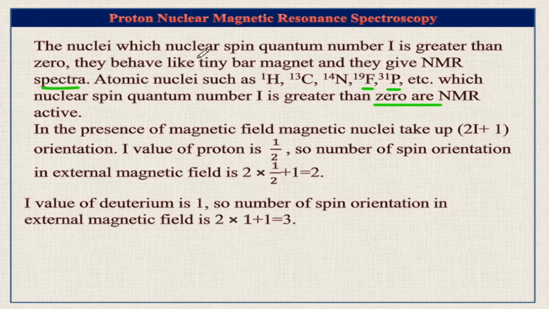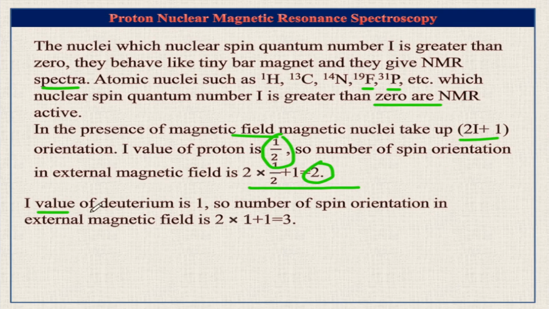When these NMR active nuclei are placed in a magnetic field, they go into 2I+1 spin orientations. Here I is the nuclear spin quantum number. The I value of proton is half. So in the presence of a magnetic field, proton goes into 2 into half plus 1, that is 2 orientations, or 2 energy levels.